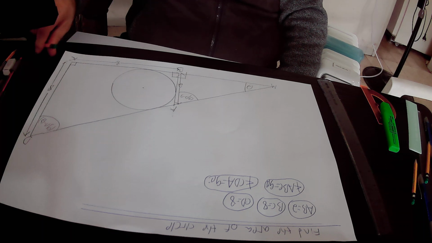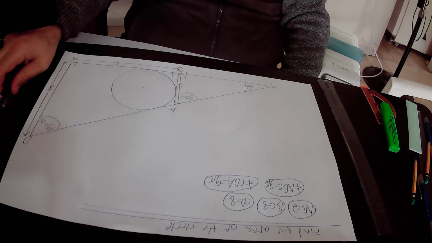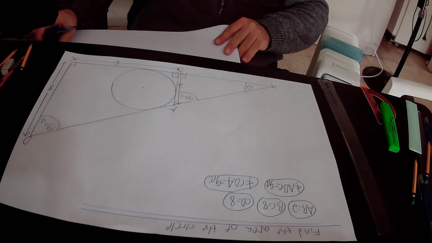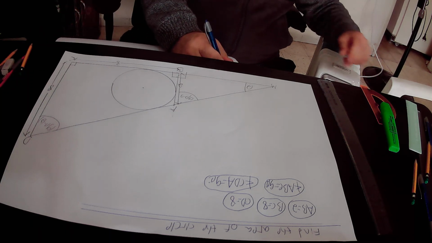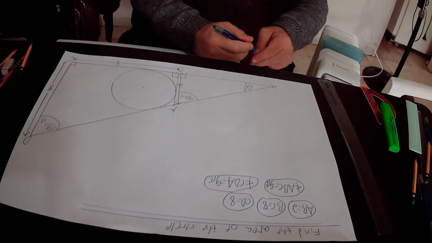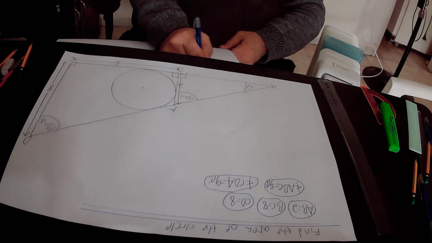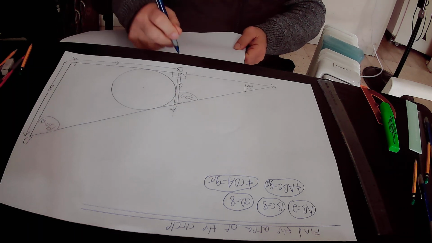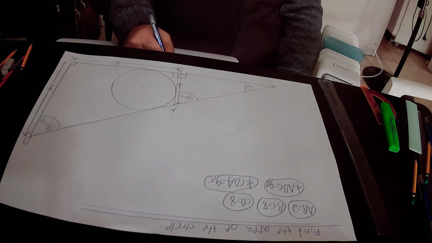So I write it down. We prove the right big triangle DCM is similar to the right small triangle, triangle MBA.